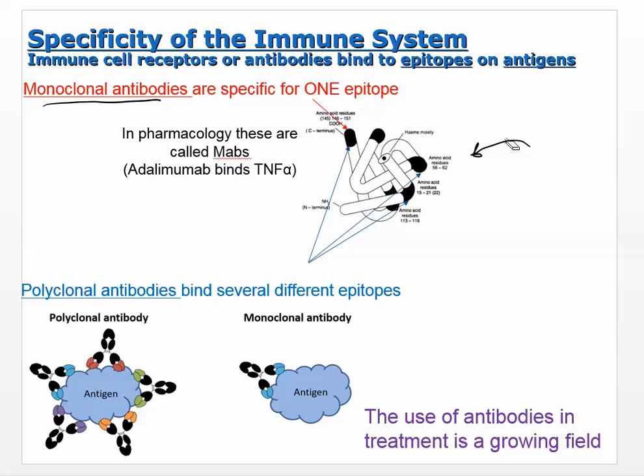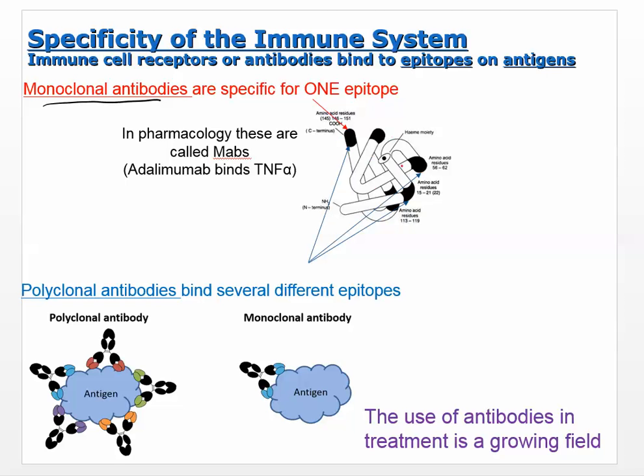That's fantastic. Researchers are trying as hard as they can. This is fantastic specificity. The immune system that we have is so able to be so specific about what it attacks that we're trying to replicate that and use that for drugs and things. Now, polyclonal antibodies, which is what a lot of normal immune responses are, they may bind several epitopes.